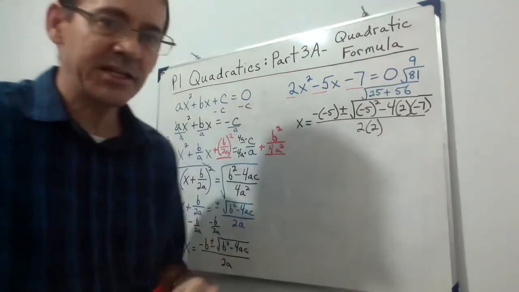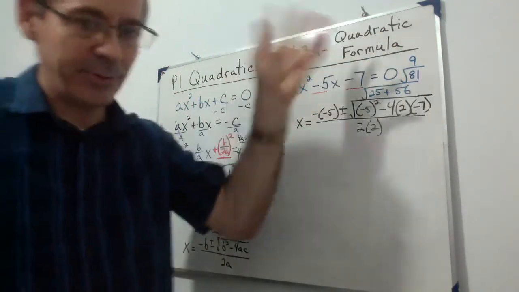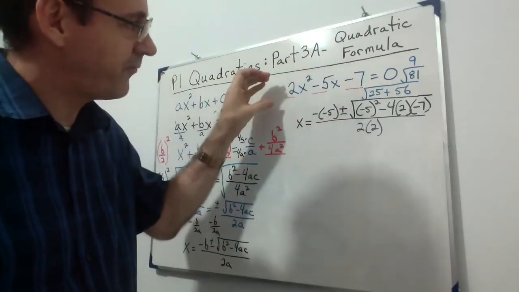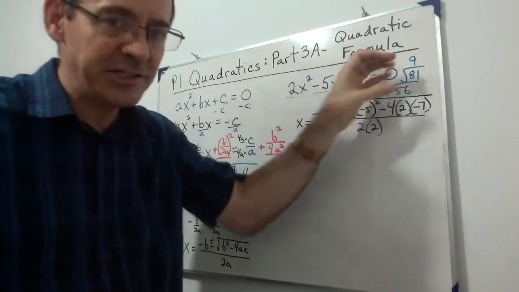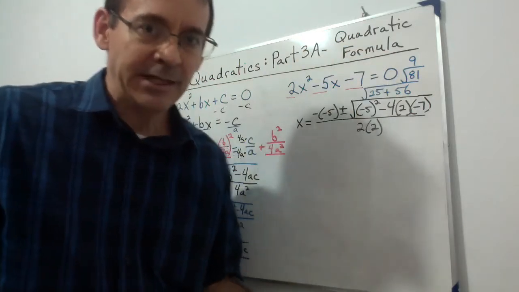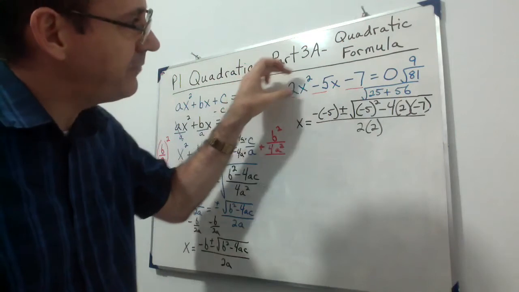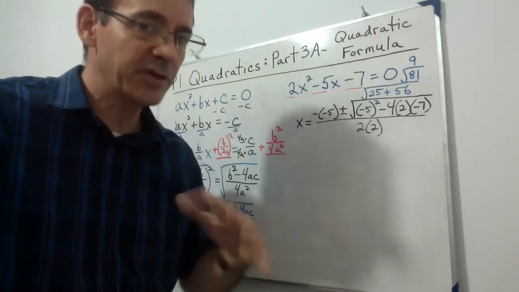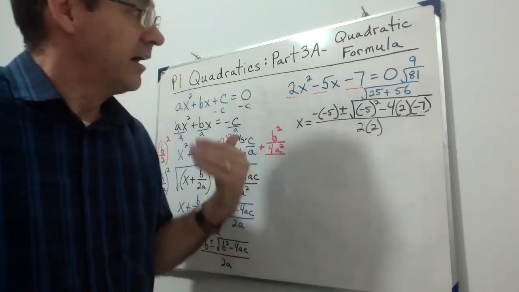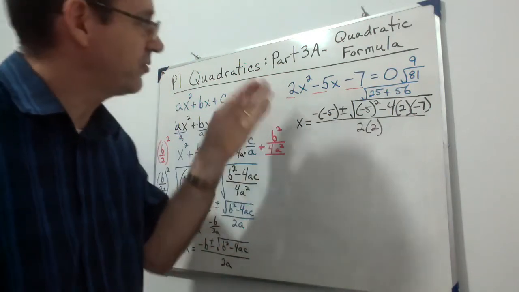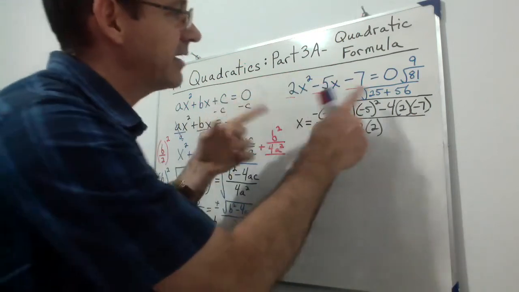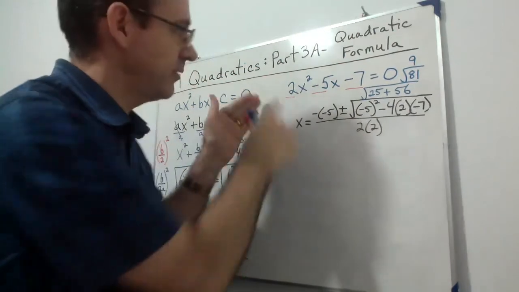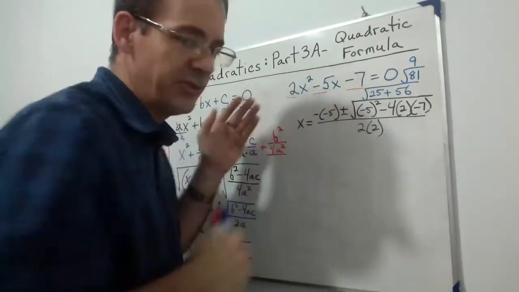Now, I didn't mention it before. I'll go ahead and mention it now because it pops into my mind. Normally, we use the quadratic formula for an equation that does not factor. Now, I purposefully gave you an equation that does factor. We didn't factor it. You'll get the same answer. It's just that I notice some students will look at an equation and they don't recognize that the 2 minus 7 gives you negative 5.